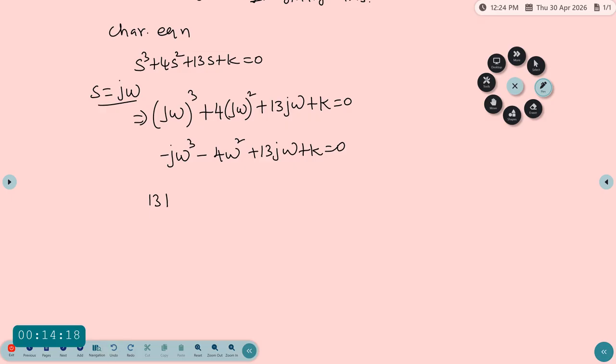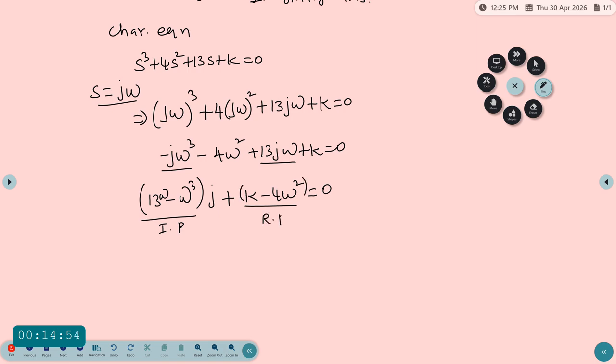This is minus j omega cube plus 13 j omega, then plus k minus 4 omega square, which is equal to 0. Here 13 omega minus omega cube is the imaginary part, and k minus 4 omega square is the real part.